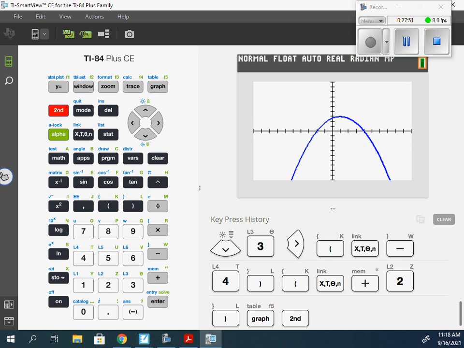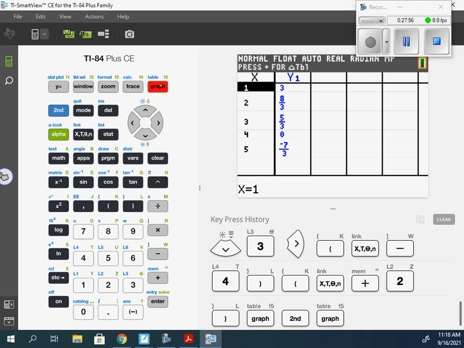Now we can go second graph and look at the table. Negative 2, 0 is one of them because it is an x-intercept when it crosses the x-axis. So negative 2, 0 would be an x-intercept.